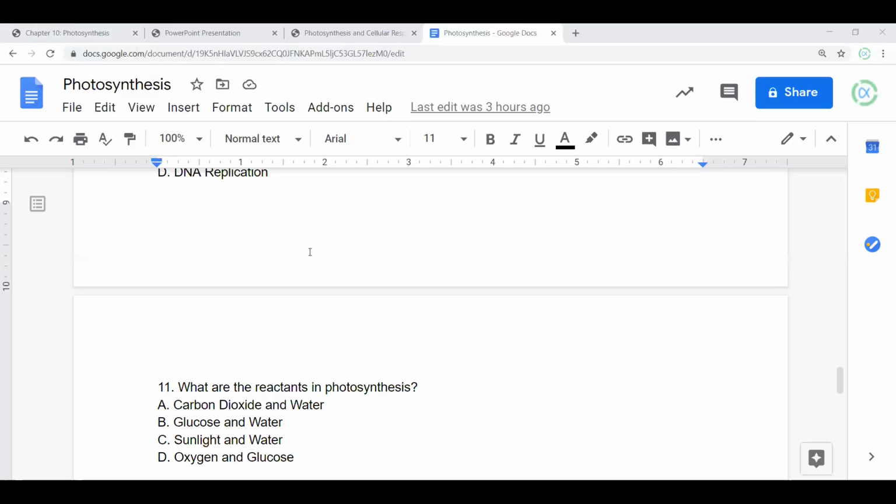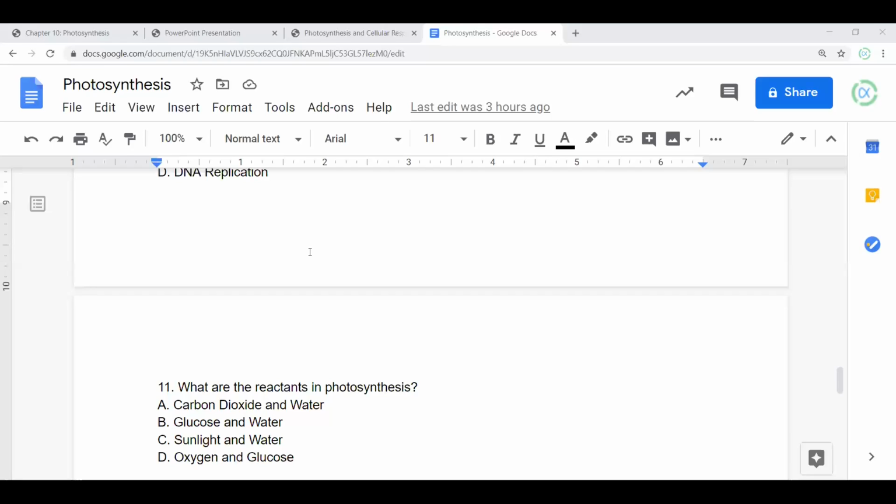Okay, so the answer here was A. Remember that in our equation, we said that carbon dioxide and water will form oxygen and glucose. C could also be an answer with sunlight or water, but it's not the best answer. It's best to say that carbon dioxide and water are the reactants, and oxygen and glucose are the products.